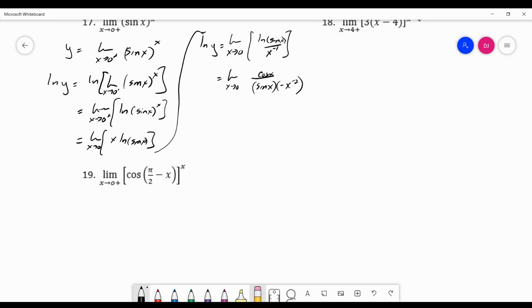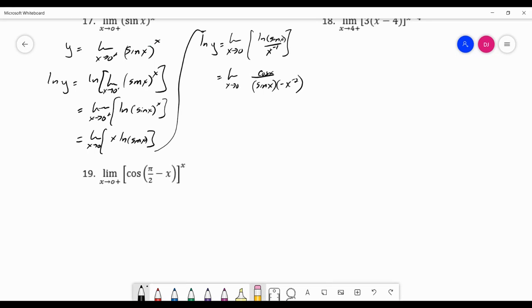Okay, so now as x is approaching 0, we're going to have the cosine of 0 over the sine of 0 times negative 1 over 0. Actually, you know what I should do? Let's undo this, and let's move that x to the negative 2 to the top.